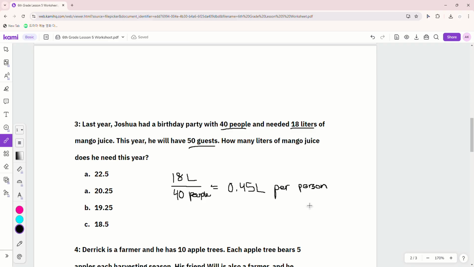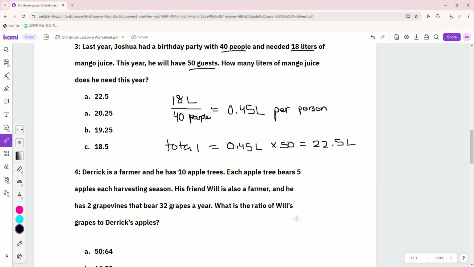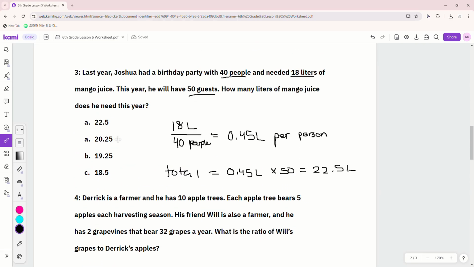The total juice needed can be found through multiplying 0.5 liters by 50 people, and that gives you 22.5 liters. So the option would be A, the right answer.